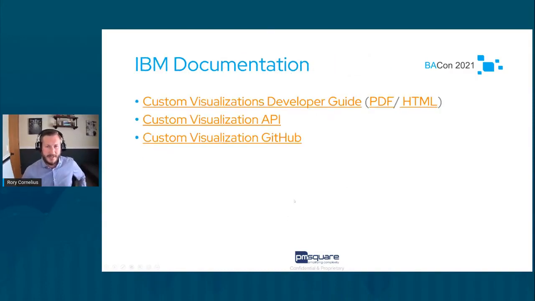Just one other call out I wanted to make as we're talking through this is IBM does have quite a bit of documentation out there around custom visualization. So if you're stepping through this process yourself, make sure that you look in the developer guide. It steps you through creating a D3 visualization.